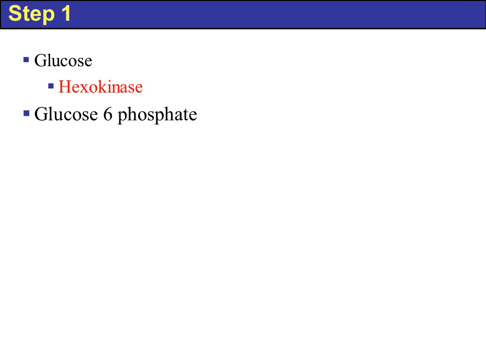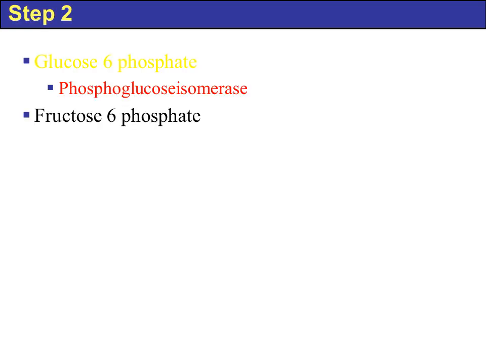Listed here are the actual names of the sugars. Glucose is converted into glucose 6-phosphate by hexokinase. Glucose 6-phosphate is converted into fructose 6-phosphate.